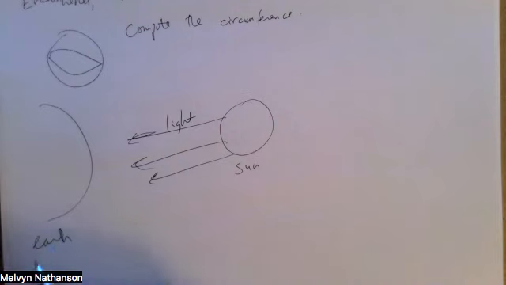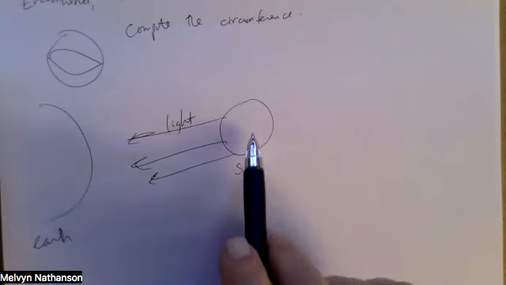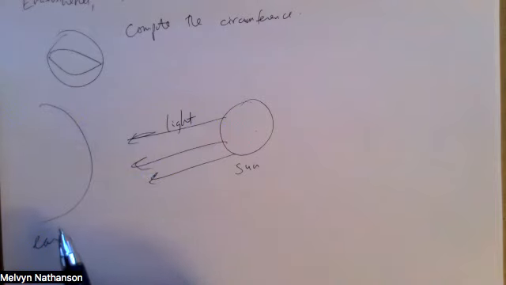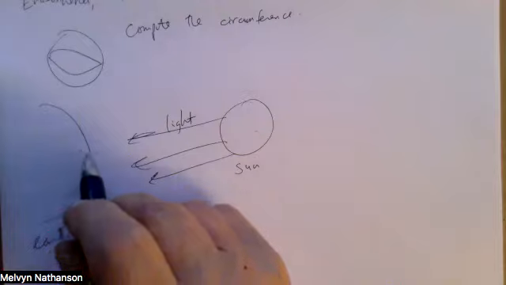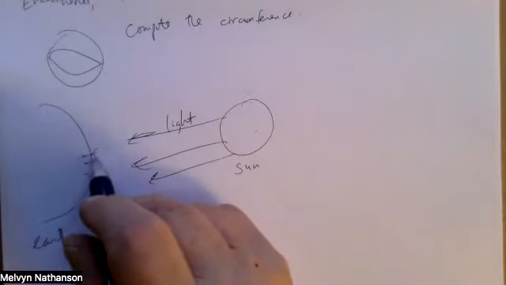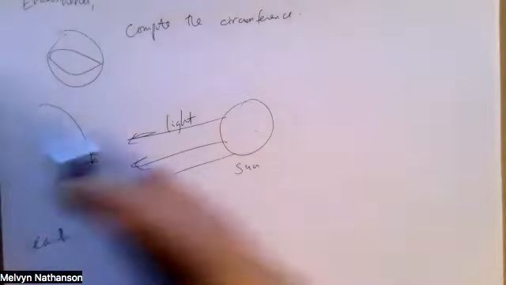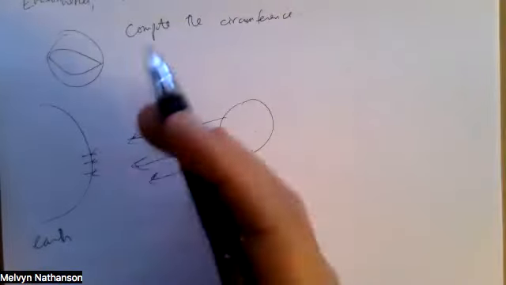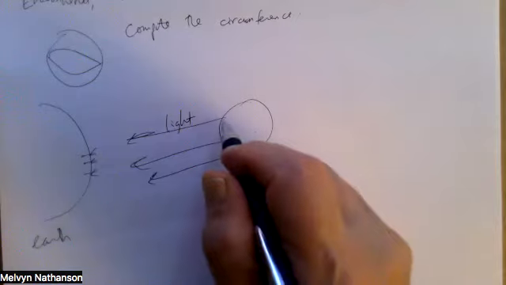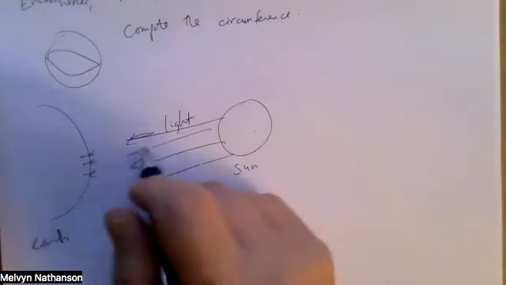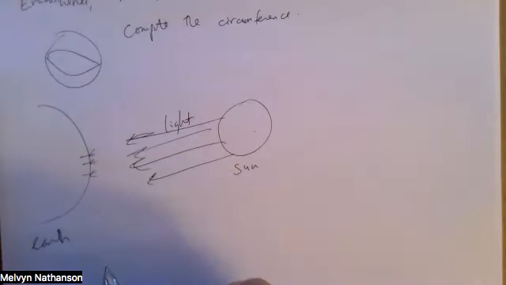And actually, the way I've drawn it, it's backwards because the sun is much, much bigger than the Earth. And you can imagine that these beams of light, when they hit any small region of the Earth, are hitting it sort of perpendicularly, like parallel rays of light coming in and hitting the Earth.